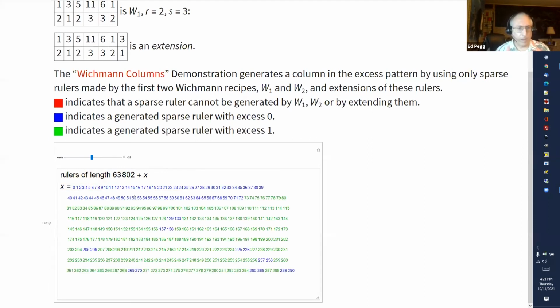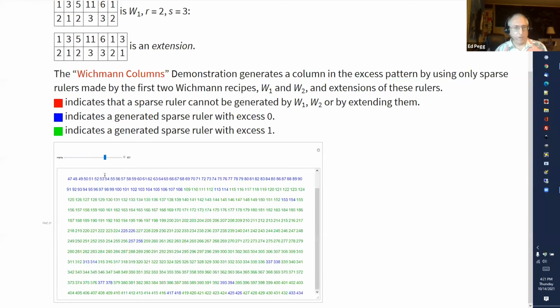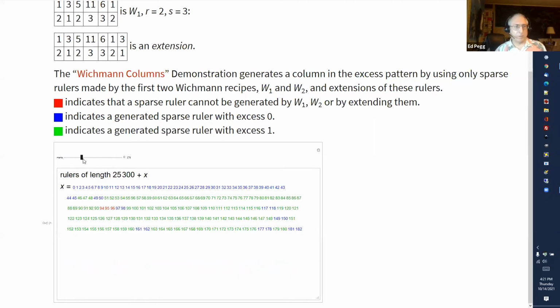But I found that as you get to higher values, you could always just create a sparse ruler out of an existing simple Wichmann ruler recipe. For the length 25,394, you can't make a sparse ruler of that length just using this simple recipe.